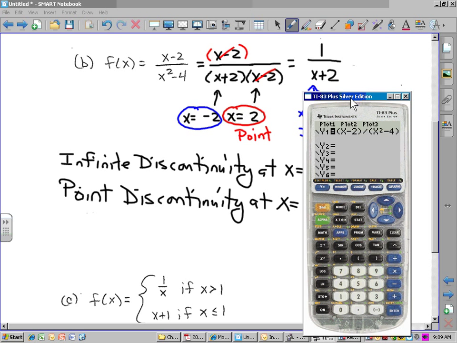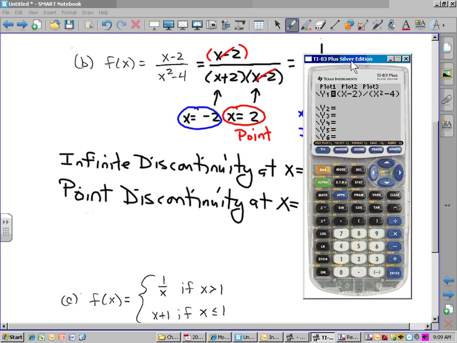Should look like a hyperbola. And there it is. Now, this calculator does not have the ability to get rid of that vertical line here. There's a vertical line right here, if you can follow my cursor. That should not be there.